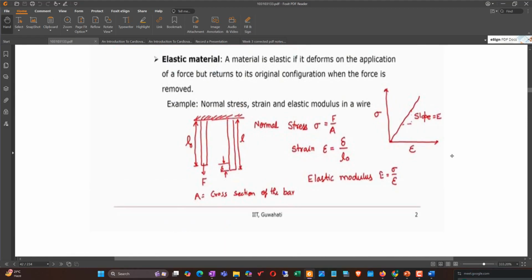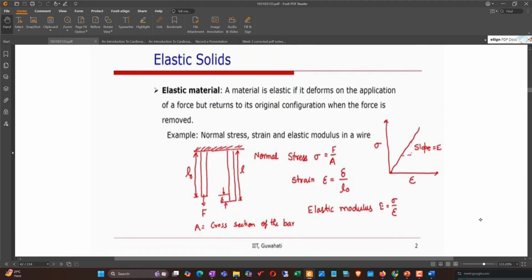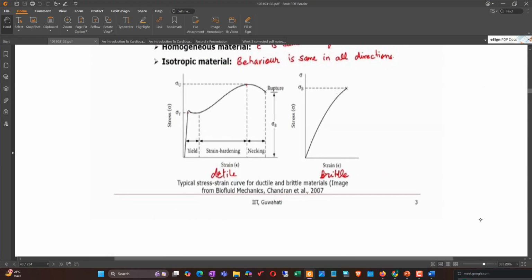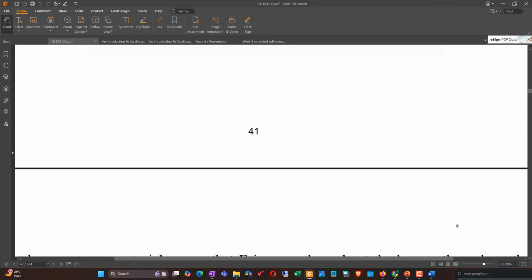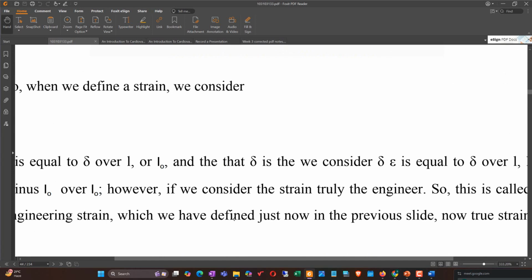In solid mechanics, starting from the elastic material, discussion started about the stress, strain, the elastic moduli, which is also called the Young's modulus, and then various things about homogeneous and isotropic material.